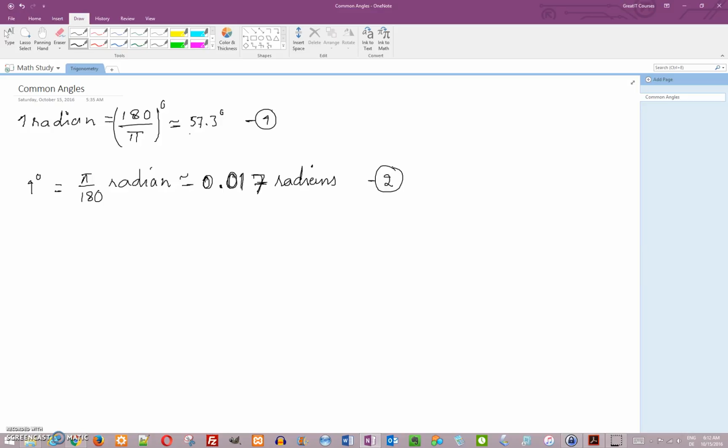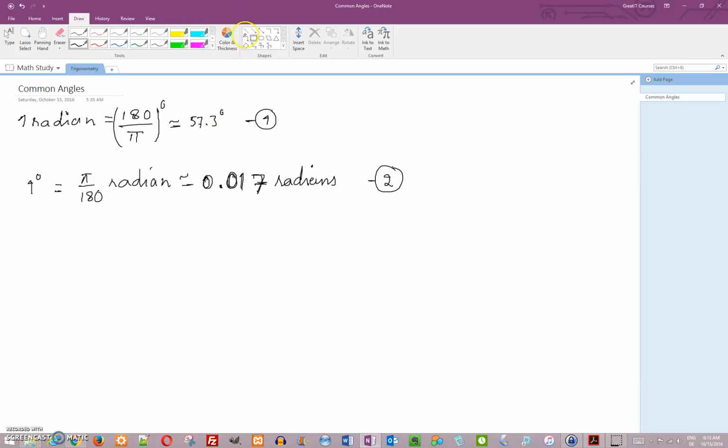So anyway, now we have some common angles that we use in calculus, like 0, 30, 45, 60, 90, and so on. And you need to be able to know what those angles are in radians as well. This way you'll be much faster in calculation and solving problems.